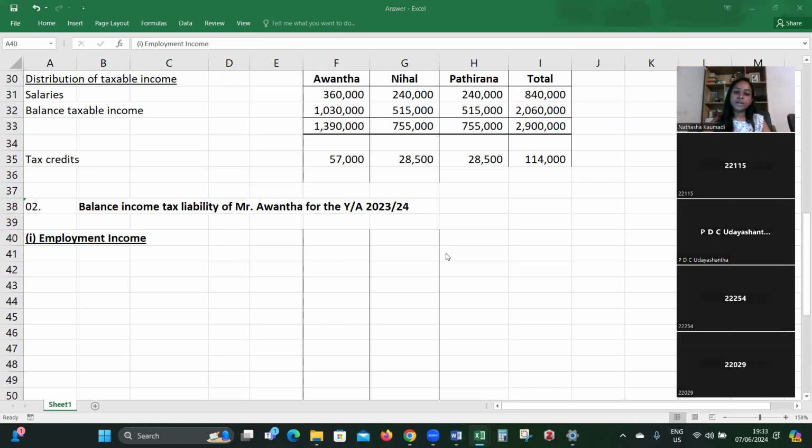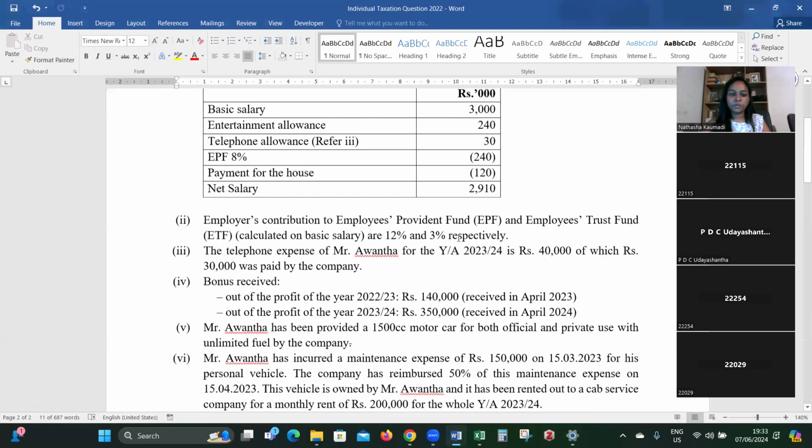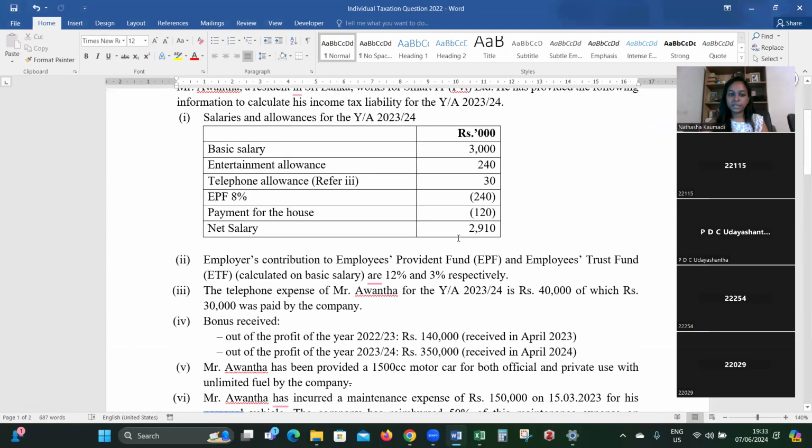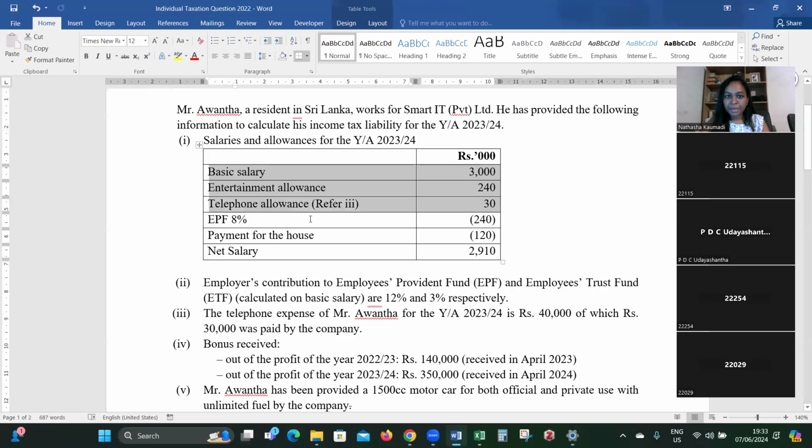So we'll see what are the things coming under employment income. From the beginning itself, the information starts with basic salary, entertainment allowance, telephone allowance. Those are the benefits, right? Others are EPF 8% deducted, payment for the house 120,000.